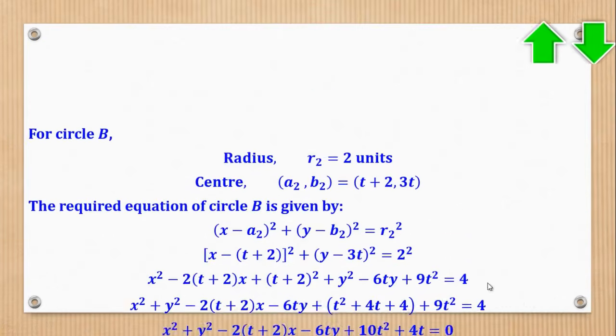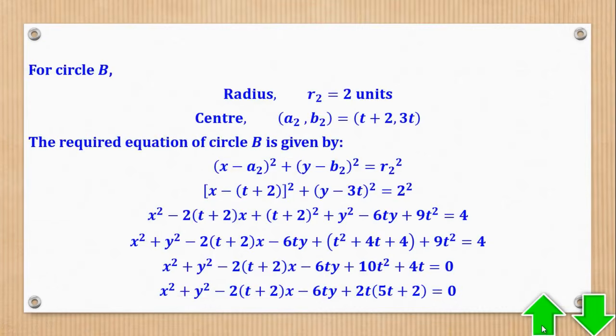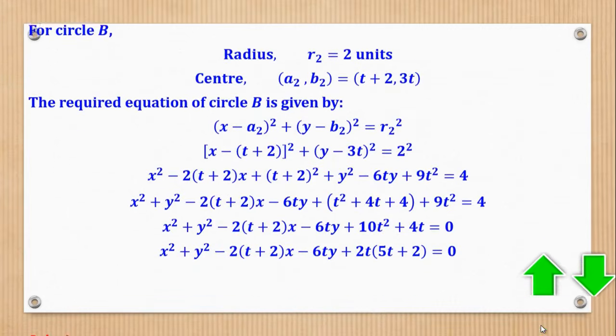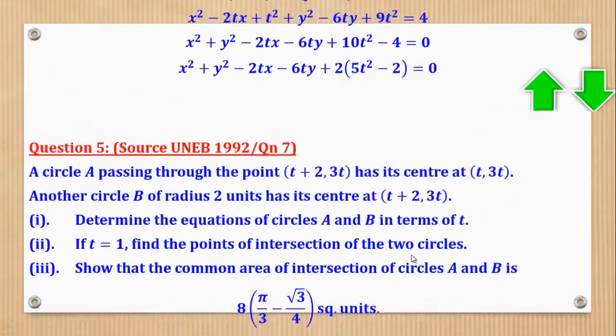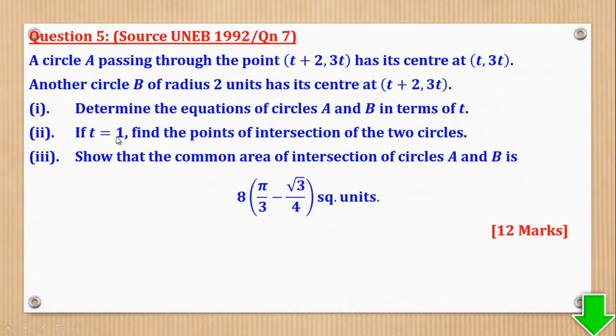For Roman 2, Roman 2 says if t is equal to 1, find the points of intersection of the two circles.